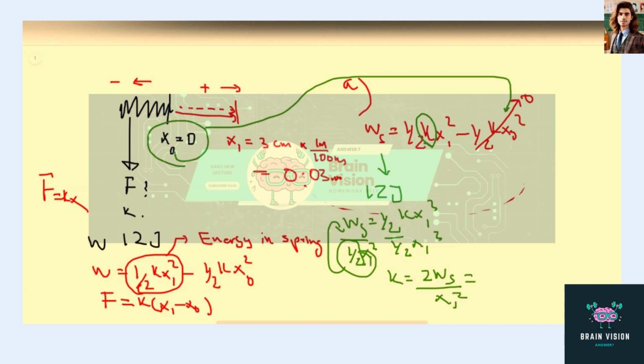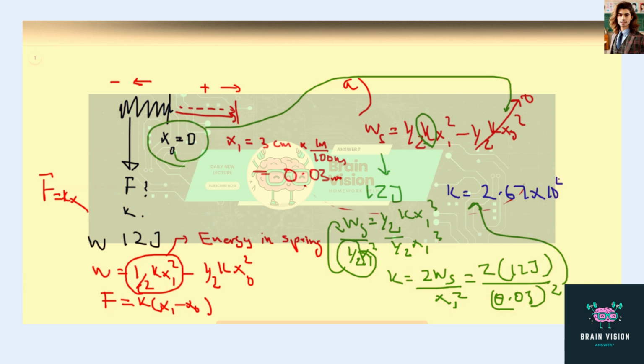Then we plug in the numbers, 12 joules all over 0.03 squared, and that gives us the spring constant k equal to 2.67 times 10 to the 4 newtons per meter.